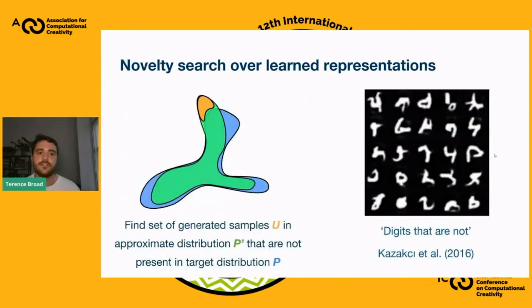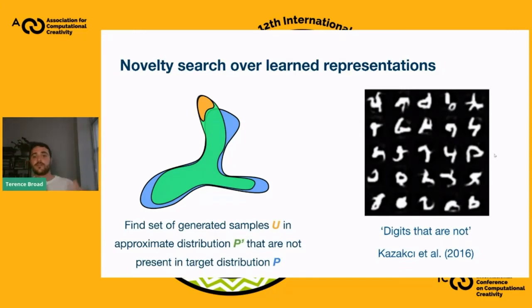The first is novelty search over learned representations. Here we would train a model in the normal way, where we're trying to imitate the data and minimize the divergence from the training data, but taking advantage of the fact that any generative model is going to have some degree of divergence.